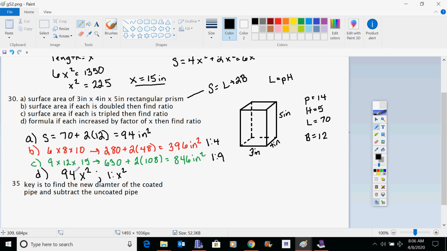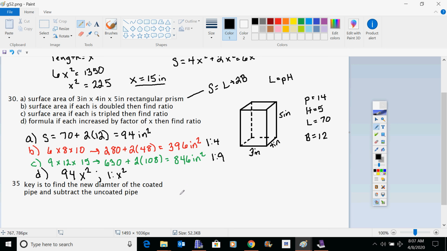So part D is that however many times you multiply it, if you square that number, that's how many times you'll multiply 94 in order to get the new answer. So the ratio will be 1 to x squared. Like I say, the most important part for your purposes is part A, but B, C, D are good for thinking about.